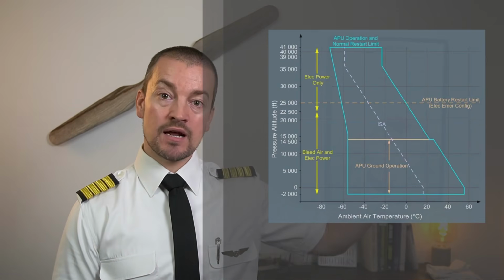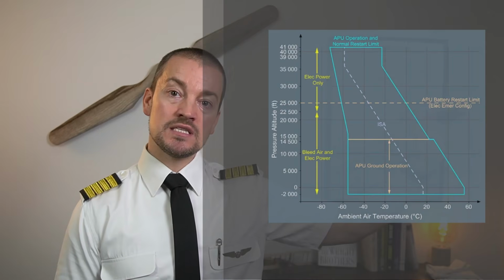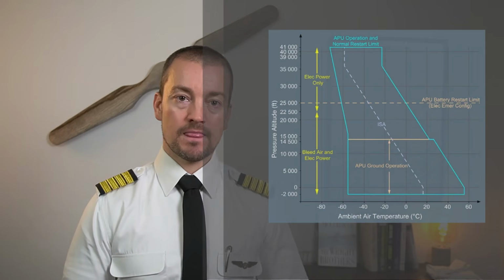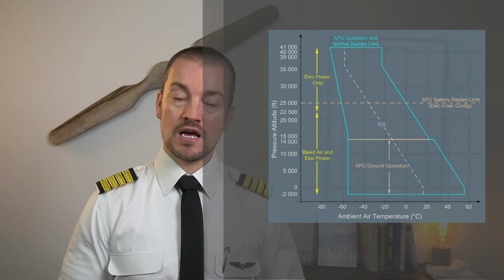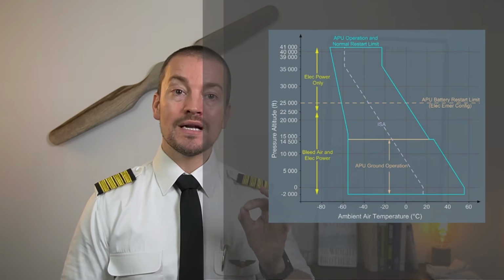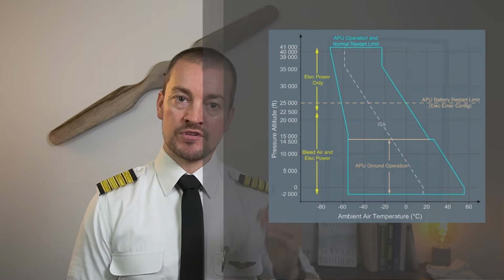The other limitation that I was very carefully explaining in the APU limitations chapter was the APU battery restart limit. This limit, as you can see, is 25,000 feet, but it only exists if you're attempting to start the APU on batteries only.